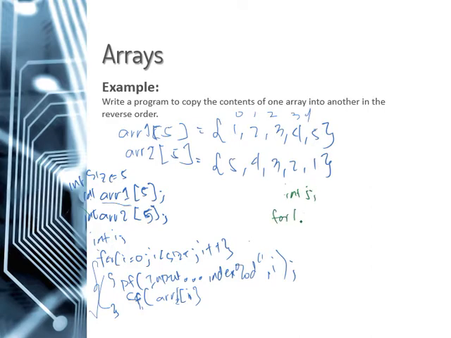So, for j, j now will start at 4. Okay, sugod ta sa pinakalas na index, pinakalas na value, tapos j must be greater than or equal to 0. J minus minus, patras ta.